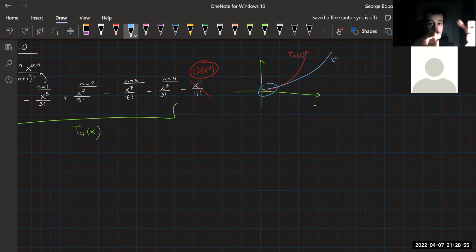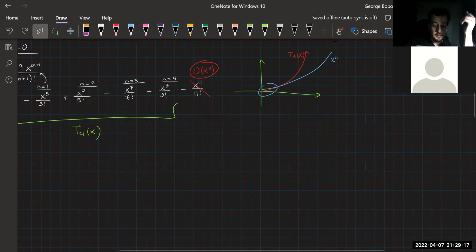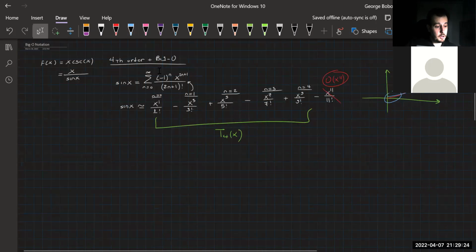You're basically telling your audience with big O notation what is a function that bounds the function you're analyzing. Find another function, a polynomial of some order, that restricts and confines the function near the place that you're working on. We're working on a Maclaurin series here, so a is equal to 0.